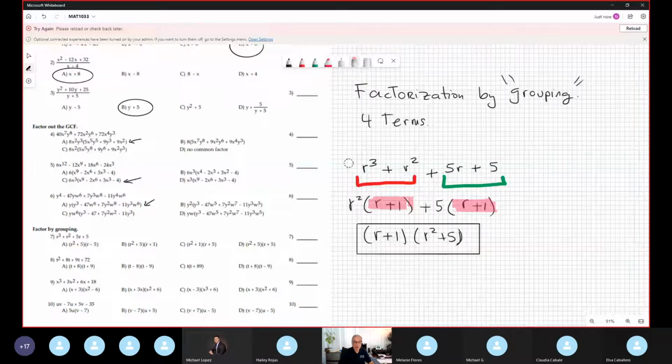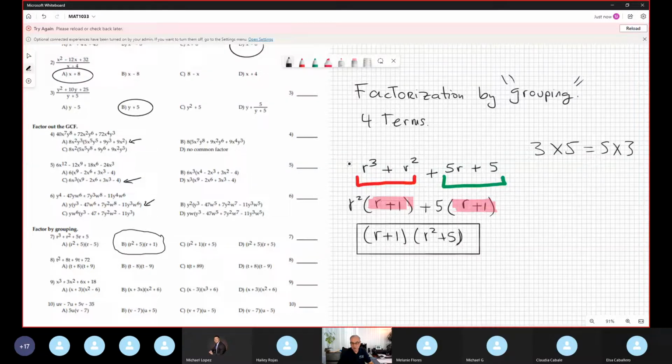Okay, entonces, what is the final answer? The final answer is this, I suppose. It's important to say something. This is factorization, and the order of the factors is completely irrelevant. So you remember, 3 times 5 is equal to 5 times 3.